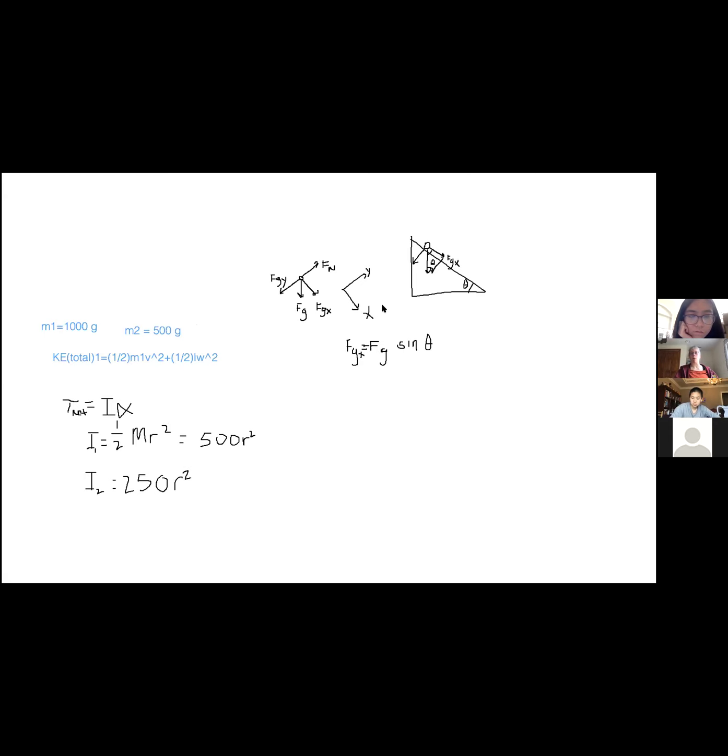Is there any reason why it wouldn't apply? We don't necessarily know anything about the gravitational potential. Well, you don't know exact numbers, but you certainly know they both start at the same height and they end at the same height.